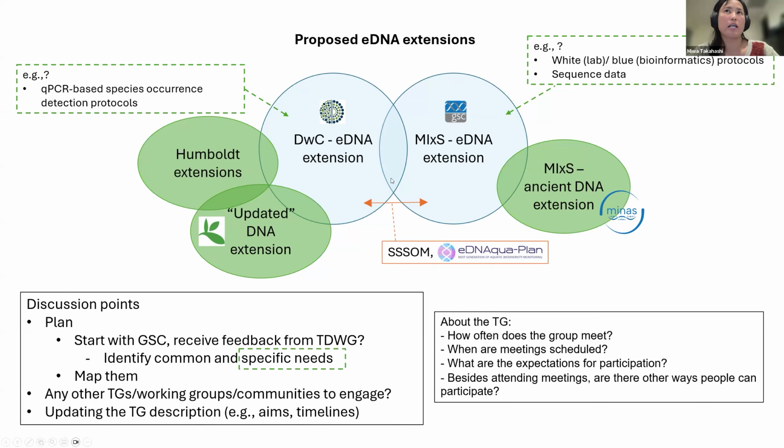I would suggest I talk with a few people involved in both of them about this, and then we think about focusing on one side, for example the GSC side, and once it's developed, say halfway through, bring it to the Tadwig community and co-develop. That's my initial thinking at this moment. But does anyone have any comments on that?